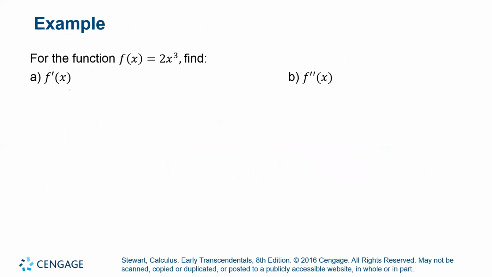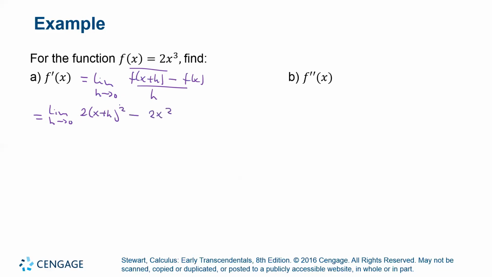All right, now what's the definition? f prime of x is the limit as h goes to 0 of f of x plus h minus f of x, divided by h.